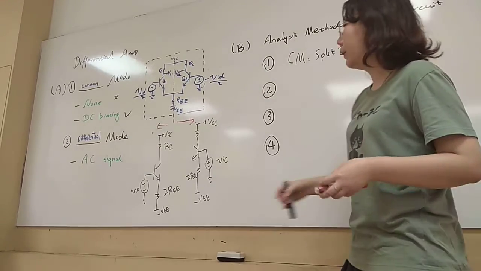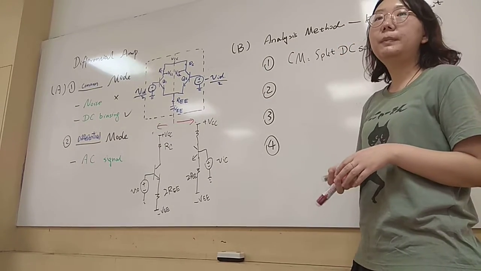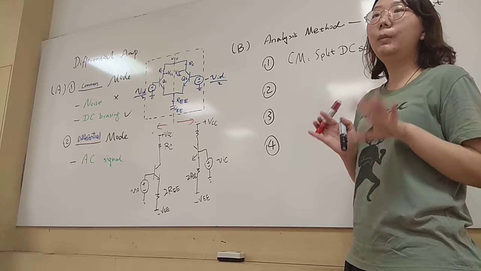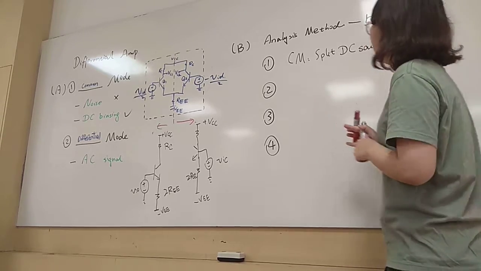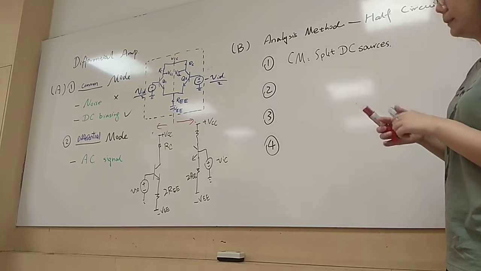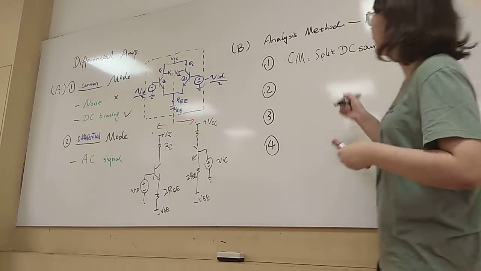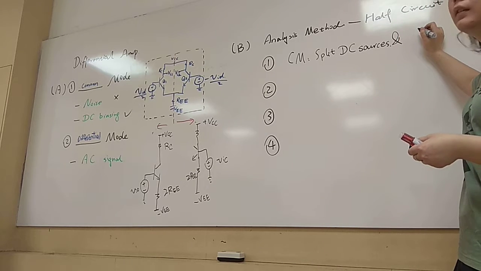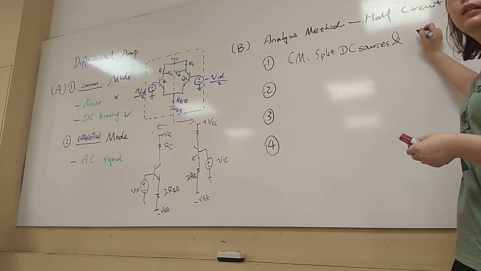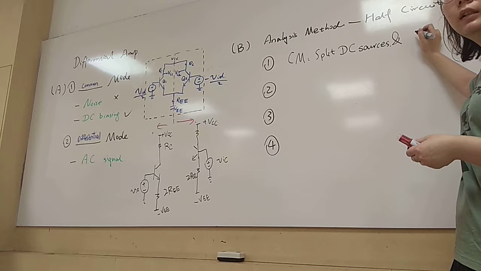Okay, so this is the common mode, how you separate your circuit if you want to do common mode analysis, if the input signals are common mode. So for common mode, you split both the DC sources and the resistor along the line of symmetry.